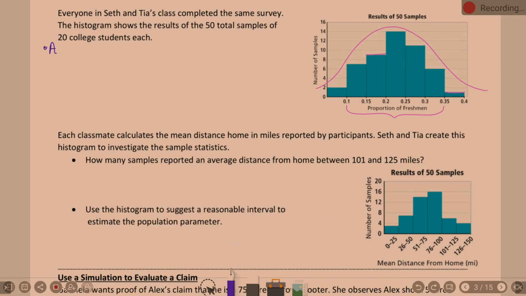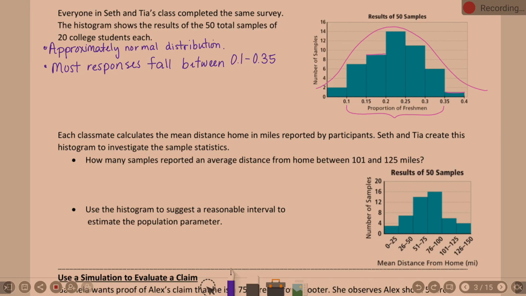Approximately normal distribution is the first thing I'm going to write down, just to remind you of the shape. And you guys know what I always say, write as little or as much down as you want. I would encourage you to write something down. And then most responses fall between 0.1 to 0.35.